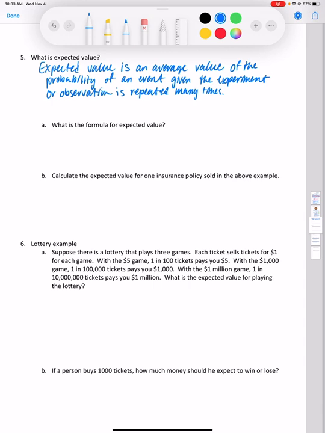Okay. There's a formula for expected value, which is the expected value of the event is equal to the value of event 1 times the probability of event 1.